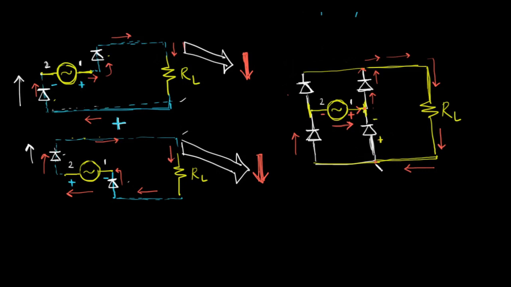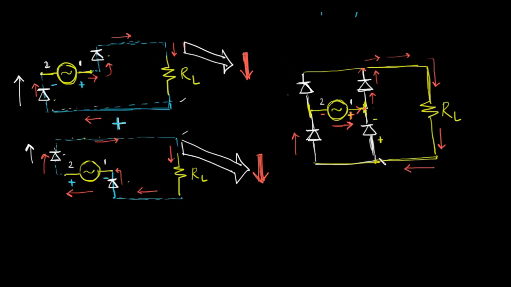But this plus here is the most positive voltage of the circuit. When the current has flown through this diode and come to this wire and passed to this resistance, a lot of voltage has dropped. So there is not enough voltage at this terminal to cause this final diode to turn on.